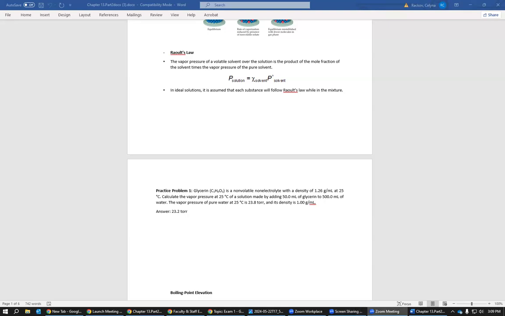Mole fraction is equal to the moles of the solvent divided by the moles of the solution.